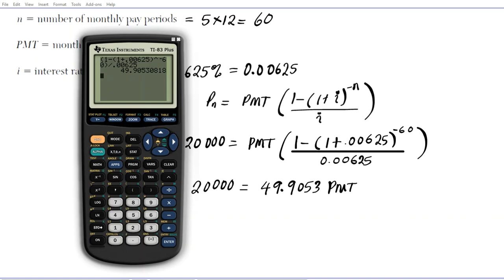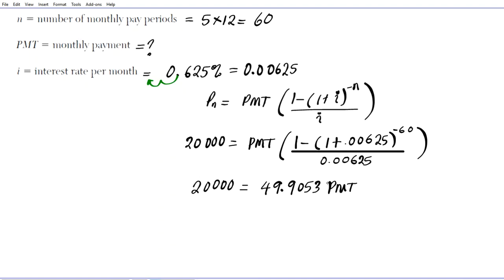Visualize this as an algebraic equation. This could be a variable x. How would you get the variable isolated? You divide by the coefficient, right? In this case, the coefficient is 49.9053, on both sides. Now if you carry out that division, that will help us find what the monthly payment is.